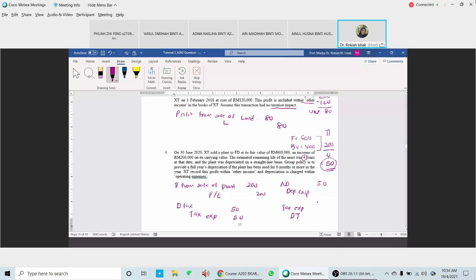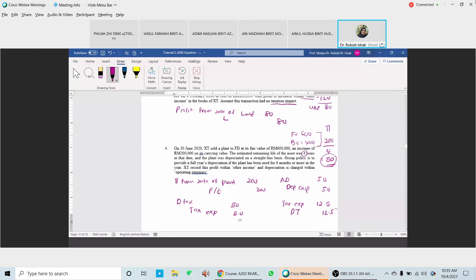The amount here is 50 times 25%, so you're going to have 12.5. Is there any different answer that you have for this one? Is it okay with this one? If this one is okay, we're going to proceed with the next one.